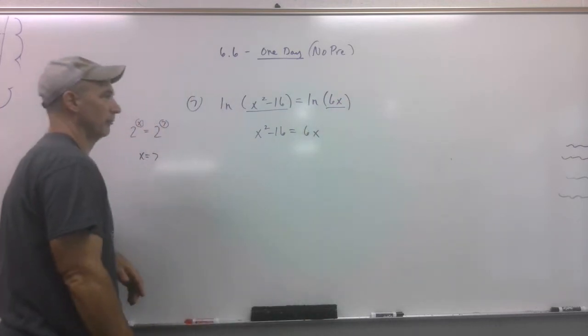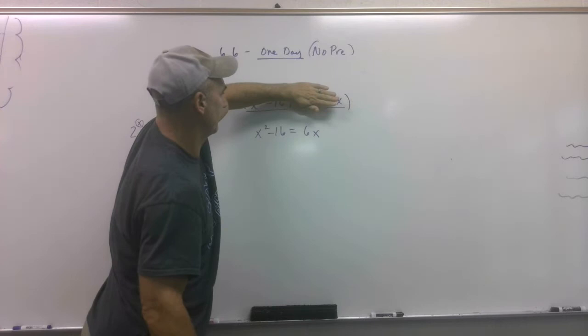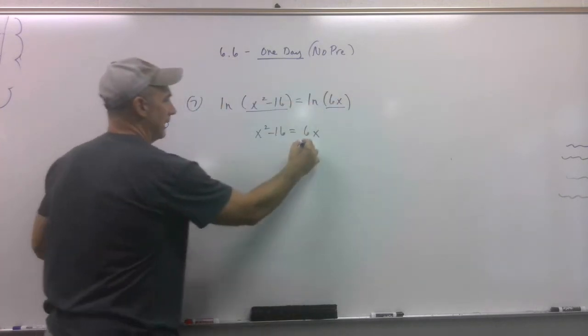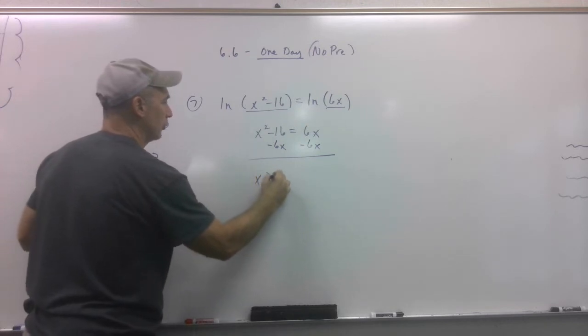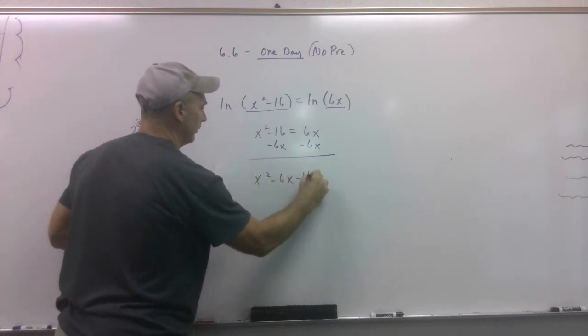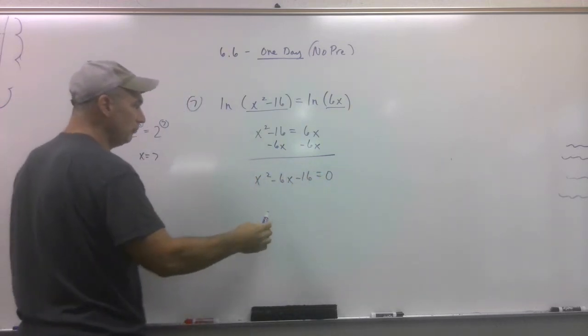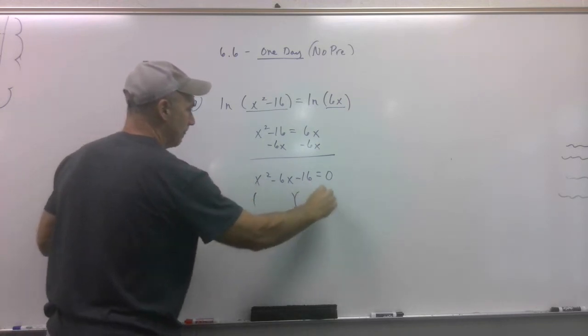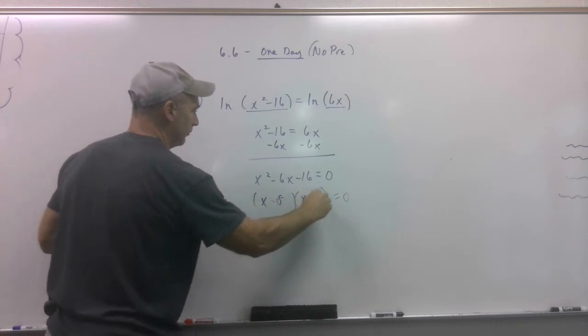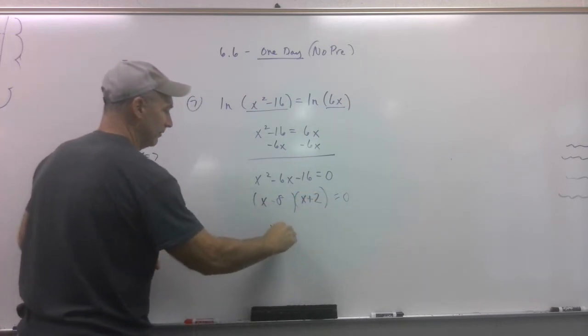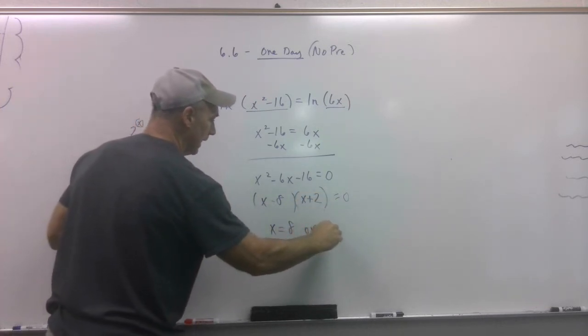Just has to. And now the whole world of logarithms is gone. So now I've got to just treat it like a good old trinomial. x squared minus 6x minus 16 is 0. And I'm going to factor that. So I get x minus 8, x plus 2. Then I get x is 8 or negative 2.